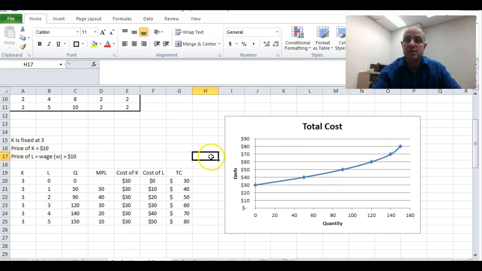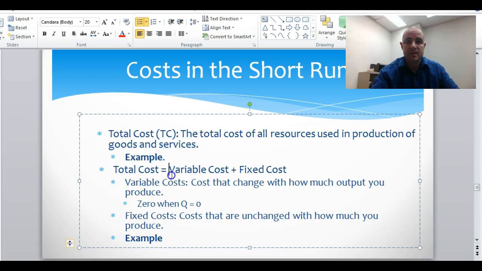Okay. So let's go back here. Going further with total cost, our total cost is made up of 2 broad types of costs, our variable cost and our fixed cost. Our variable cost is costs that change depending on how much we produce. So it varies with production.